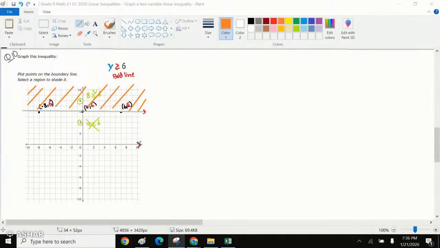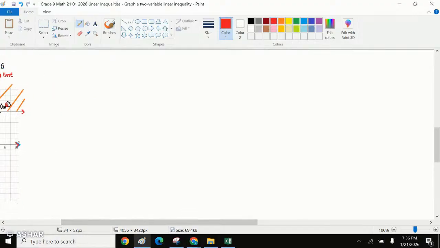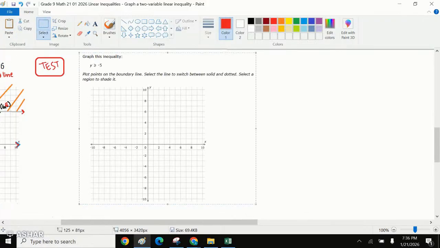I'll give a heading for the test so that we are able to differentiate where the test begins. And this was question number 1 from the test.